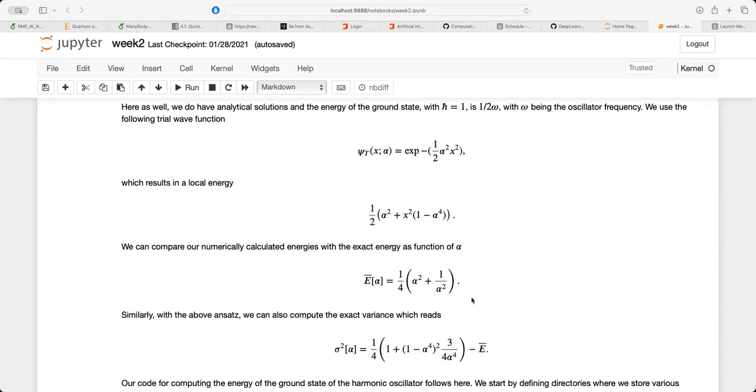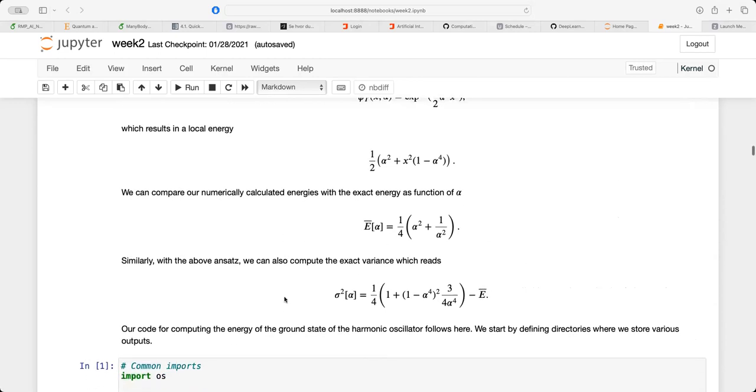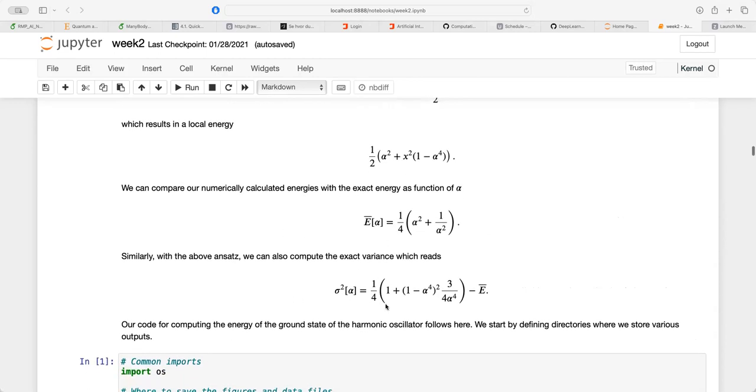This is the expectation value of the energy as a function of the parameter alpha. You can also calculate the analytical expression of the variance. Oh, by the way, this should be E squared. Sorry, that's a typo. I didn't see that before now. So this is an E squared here because that's the expectation value squared. This is the expectation value of the energy squared.